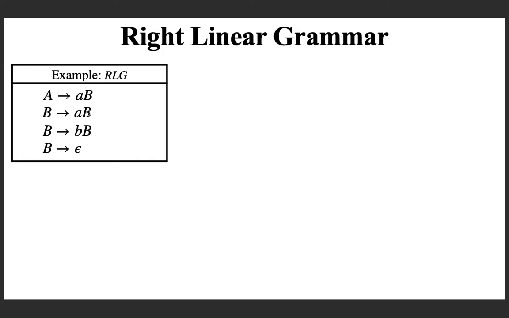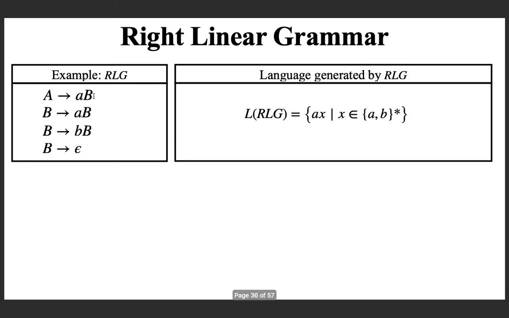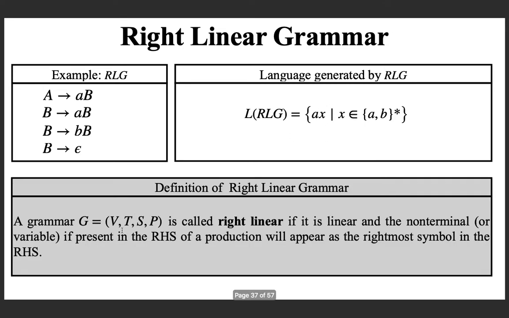Here 1, 1, 1, here 0. So it is a linear grammar. But you can also see that every time there is a variable, it appears as the rightmost symbol. And here you know that the language is the set of all strings starting with a.